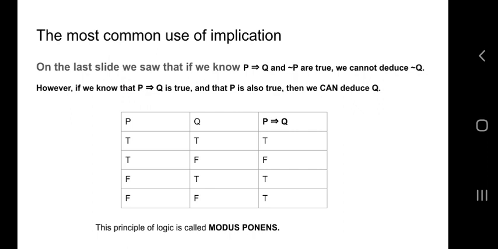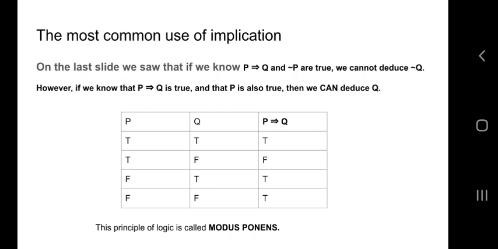In other words, if you look at the first column and the third column, the only time both have a truth value of true is the first row. But look at the value of Q in that row: it is true. So that tells us that if we know P is true and we know P implies Q is true, then Q is definitely also true, right?